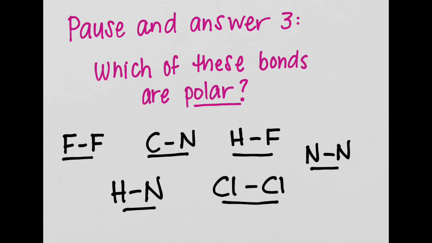So my fluorine-fluorine, chlorine-chlorine, and nitrogen-nitrogen are all nonpolar, which means that my carbon-nitrogen, hydrogen-fluorine, and hydrogen-nitrogen bonds are all polar covalent in nature. If you didn't get this right, that's okay. We'll have some more time to practice.